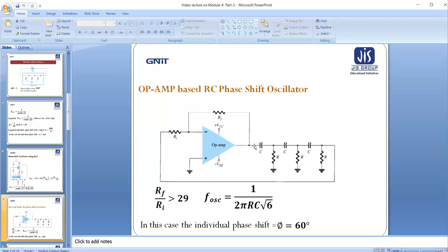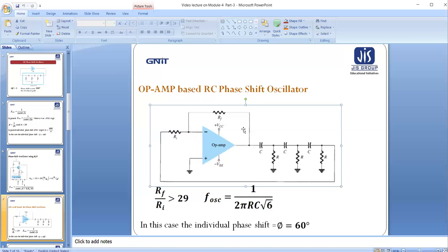So that means this voltage which is going to the input of the op-amp is 180 degrees phase shifted from the output. That means our Barkhausen criterion is satisfied. And the input, that is the 180 degree phase shifted signal, is going to the negative terminal, so again another 180 degrees will be produced. So the total phase shift will be 360 degrees.